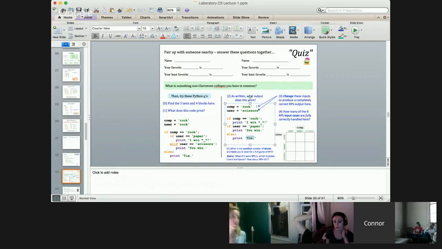Would you prefer rock to paper? Because then wouldn't it tie? Yes, that would print out tie, but so this is got a tie.